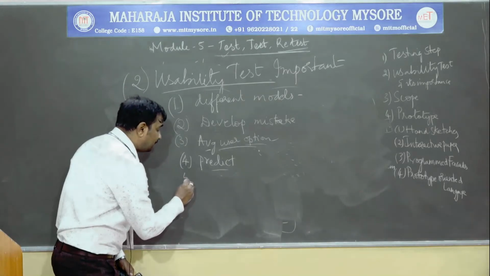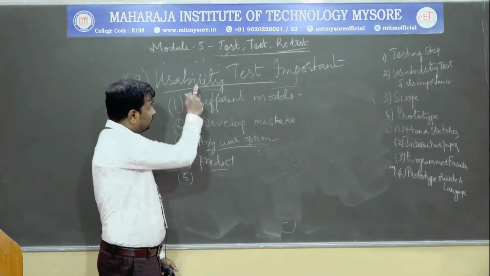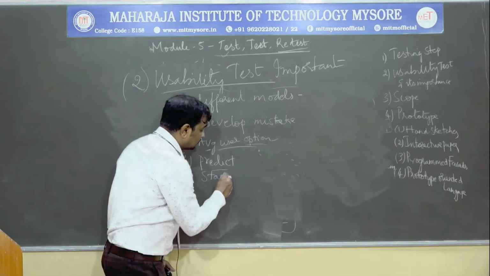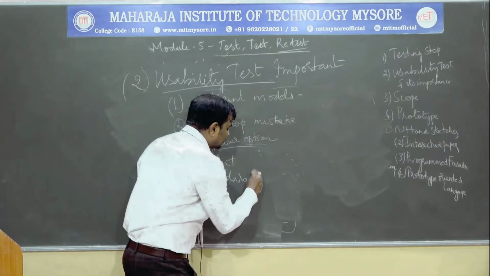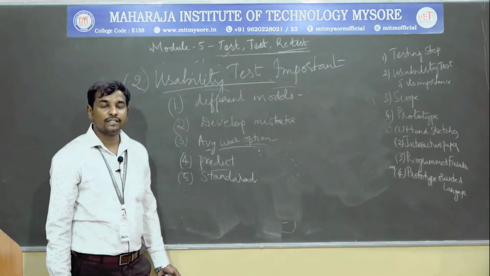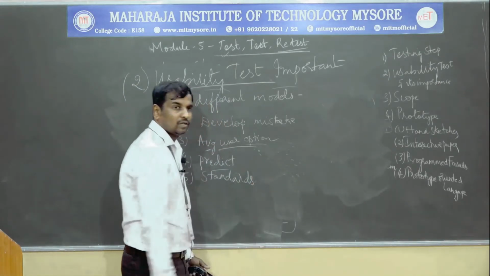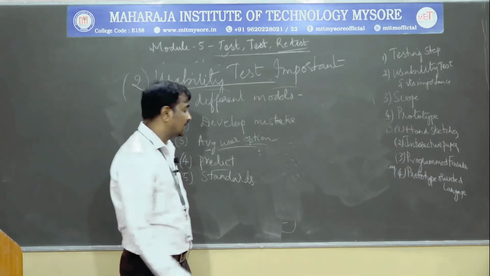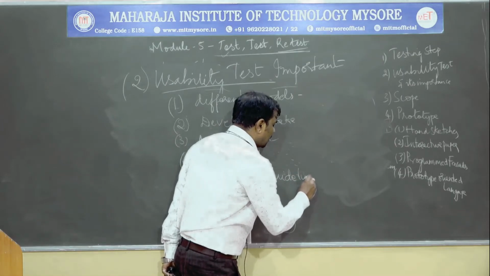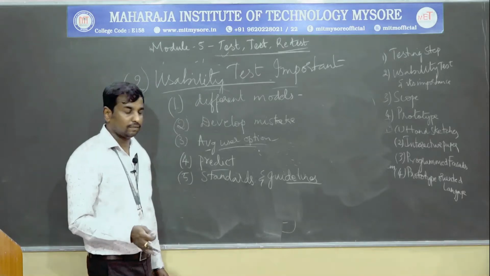And also when we are designing interfaces, if we use a usability test, we can design the interfaces along with some standards. Whether the standards developed by the developers or by the users are proper or not can be analyzed, and we can develop some guidelines. These guidelines may be followed by the next persons.